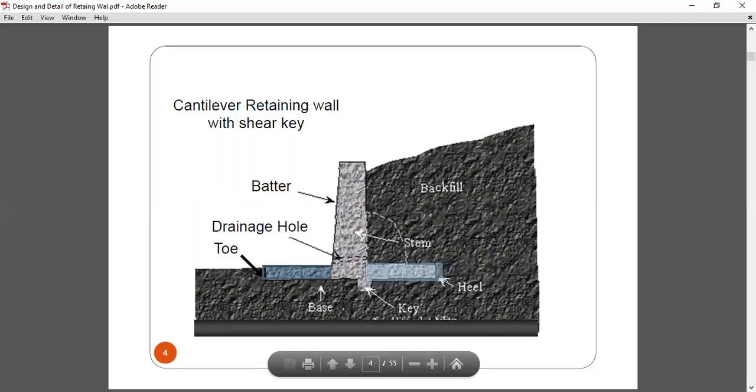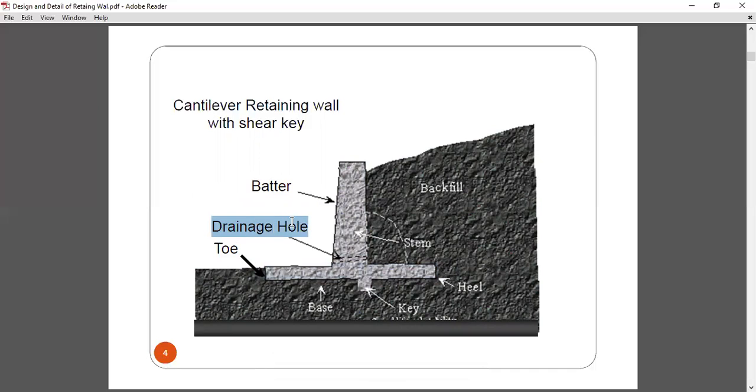The heel's upward area is totally filled with backfill. The small element is called the shear key. In case of necessity, we use a shear key, and the total area is called the base.